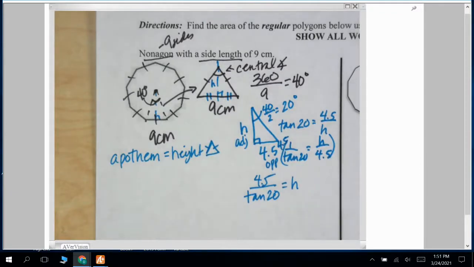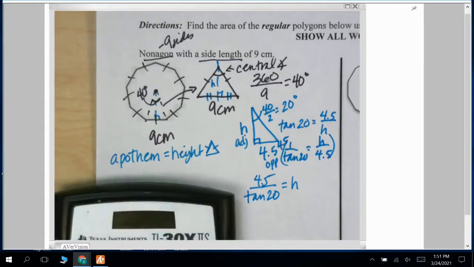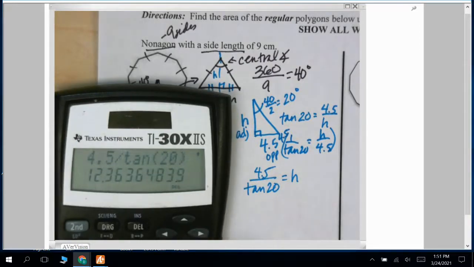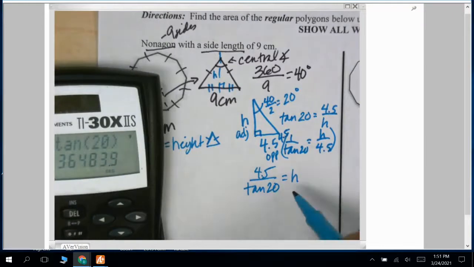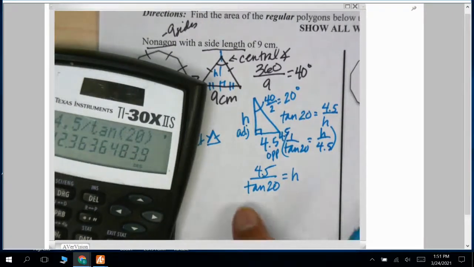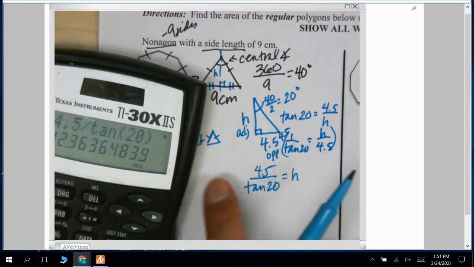And again, I'm using my calculator: 4.5 divided by the tangent of 20 degrees. Make sure your calculator is set in degrees. I get a crazy decimal. And this is where you have a choice. Do you want to play with your area with an exact answer or with a crazy decimal?